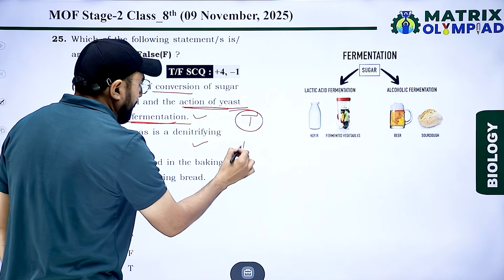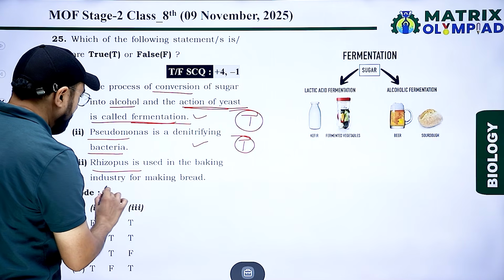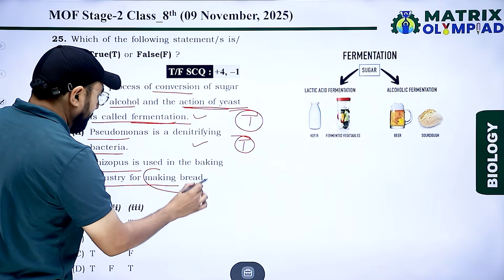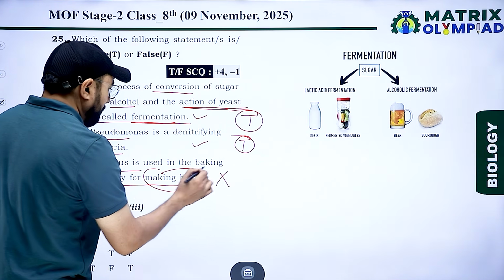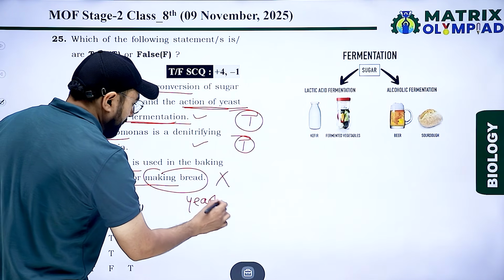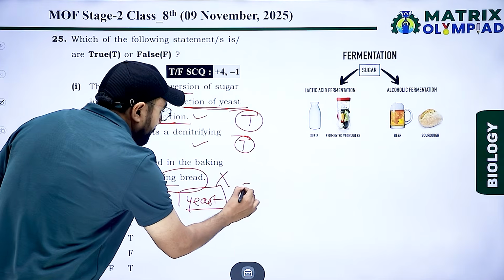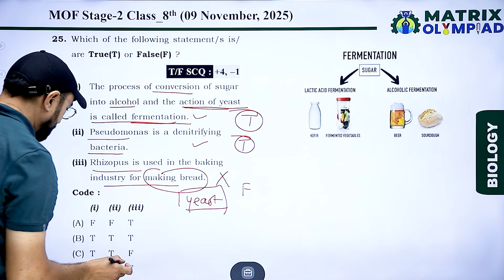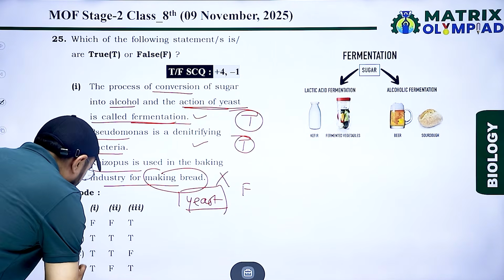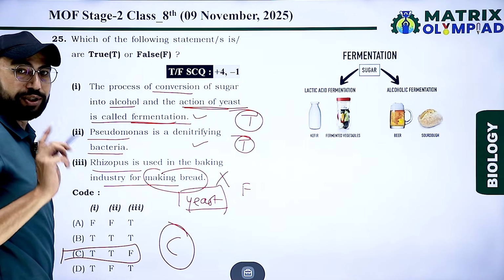That is true. Rhizopus is used in the baking industry for making bread. That is wrong, because yeast, Saccharomyces cerevisiae, is used in the baking industry. So this is false. True, true, false is option C. Option C is right for this question.